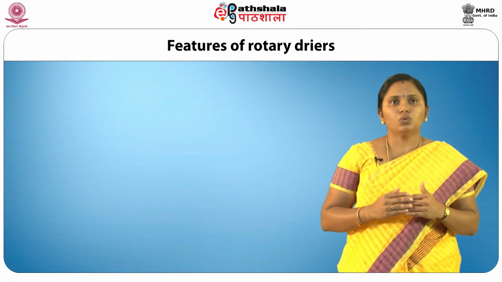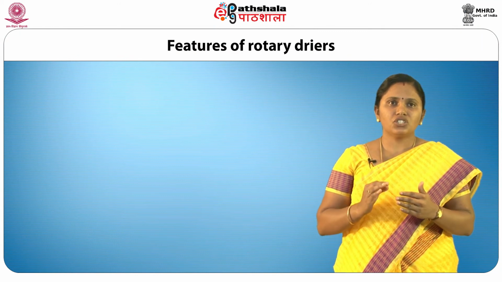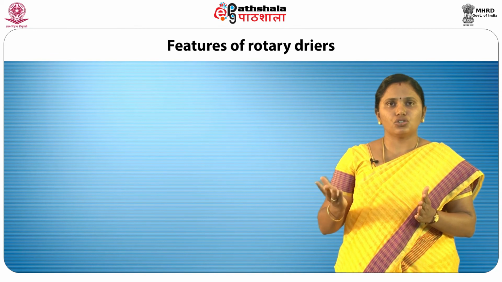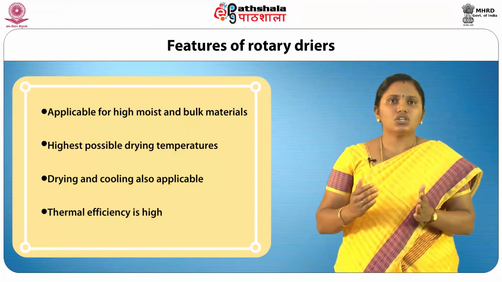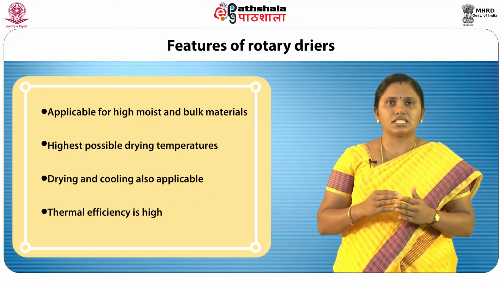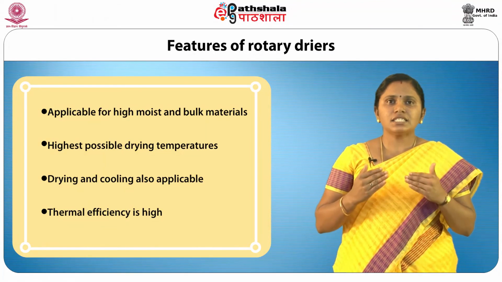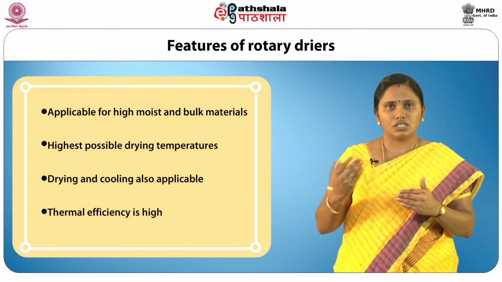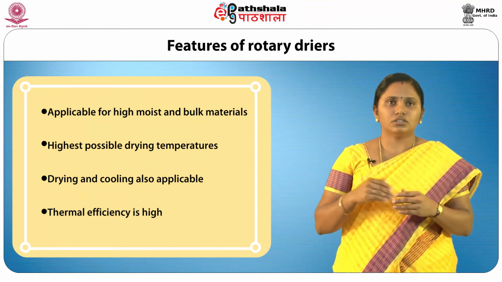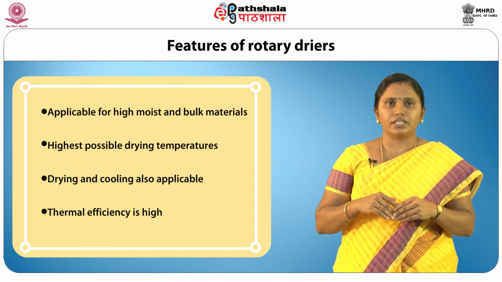Now, let us look into the features of rotary dryers. This is applicable for high moisture foods. A wide range of materials with varying size is applicable in these types of dryers. The highest possible temperature is also applicable. Drying and cooling are also possible in rotary dryers.